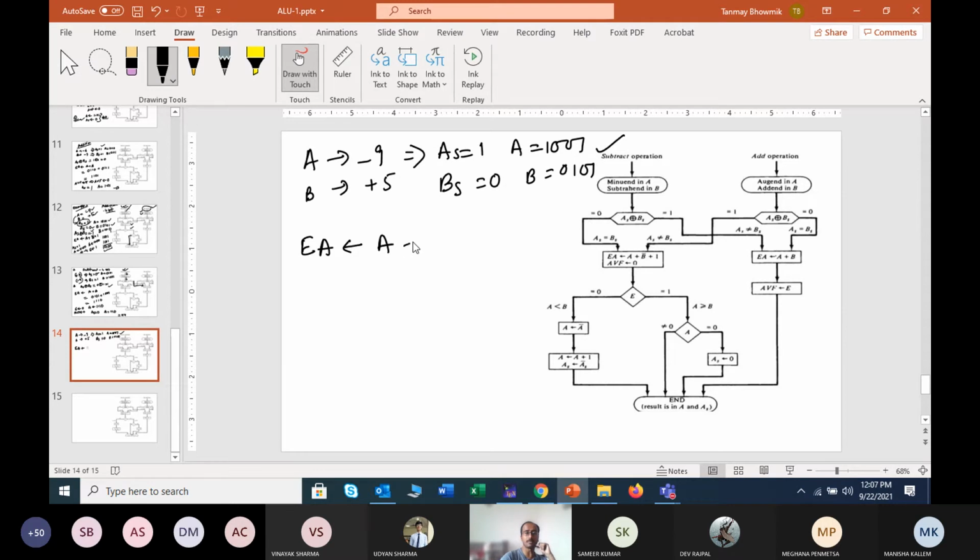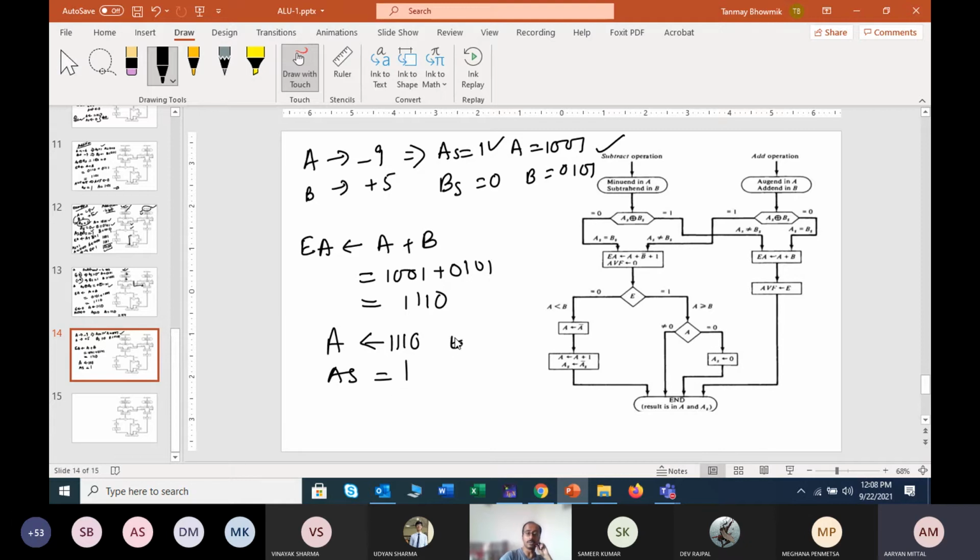So simply we will again perform the addition operation. EA will store A plus B, where A is 1001 and B is 0101. The result will be 1110. EA is storing 1110. That means in A you will have this value 1110, and AS has not been changed, so AS will still be 1.